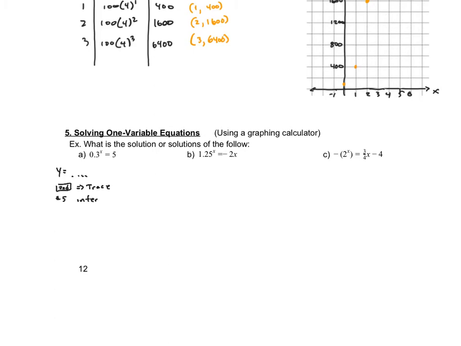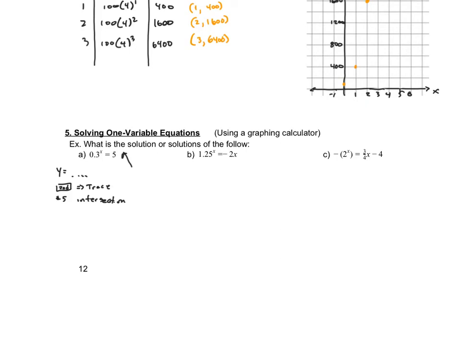It's going to allow us to find out where these two functions equal each other or where they touch. Remember when we had systems of equations, when a line crossed it, it was considered a solution. So what we're looking for is where they are both going to be a solution.